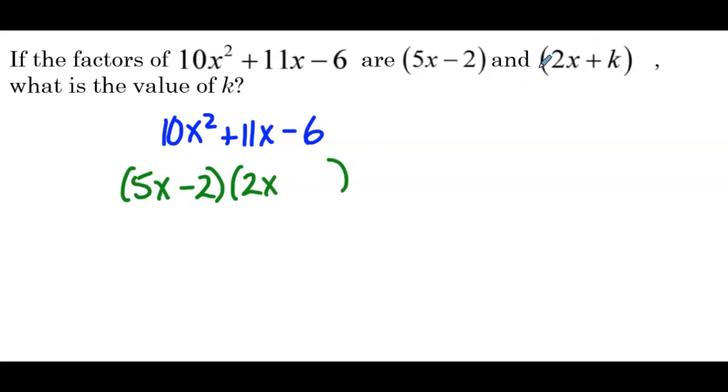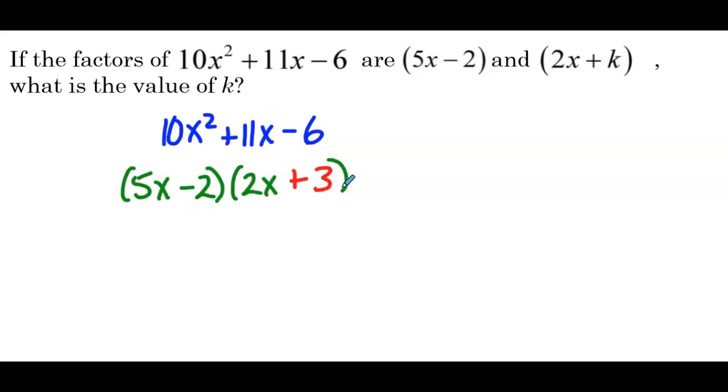They already told us that's 2x. So let's see. We need to multiply negative 2 by something to get negative 6. Well, that would be plus 3. Now let's see if that makes sense. Well, we'd get 10x squared. That's good. 15x minus 4x, which is 11x, and then negative 6.